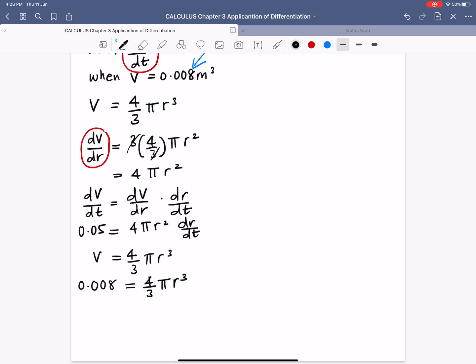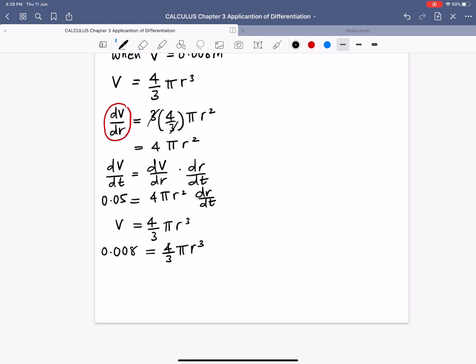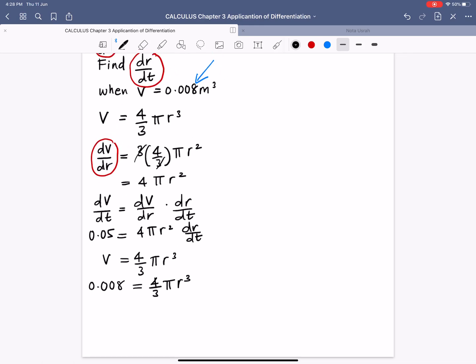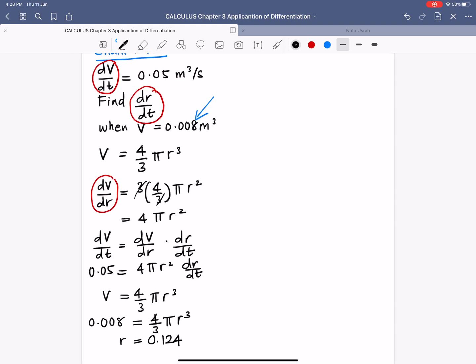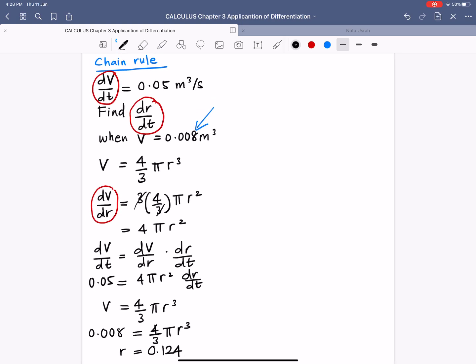When you use your calculator, you'll find that r is equal to 0.124. From there, we will substitute r into here.